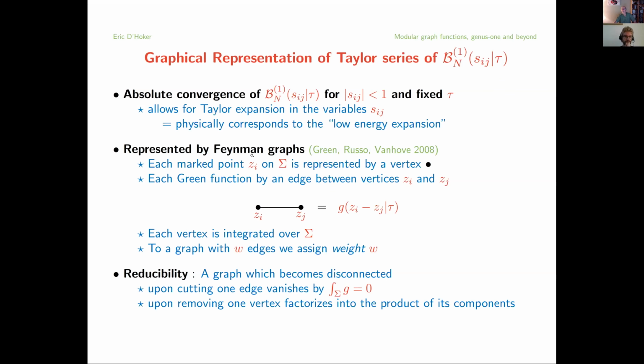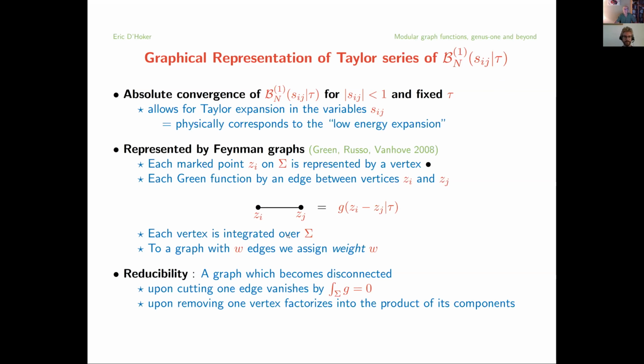You can organize this in terms of Feynman graphs. How do you do this? Each point Z, where a vertex operator is inserted, you represent by a dot. Each Green's function between two vertices, Zi and Zj, you represent as a line. So this is associated with the Green's function or propagator.